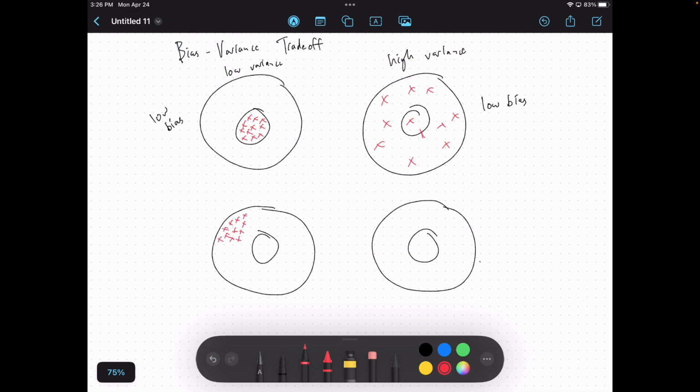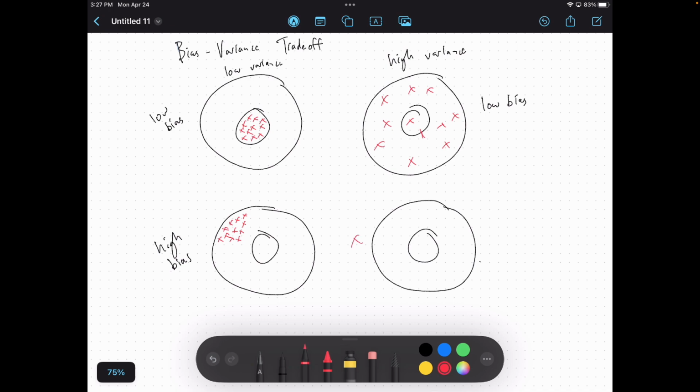I could have a tight clustering, right? So I'm relatively precise, but I would have low accuracy. And so this would be high bias, but low variance.